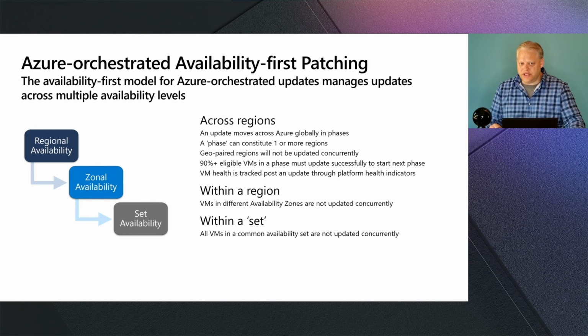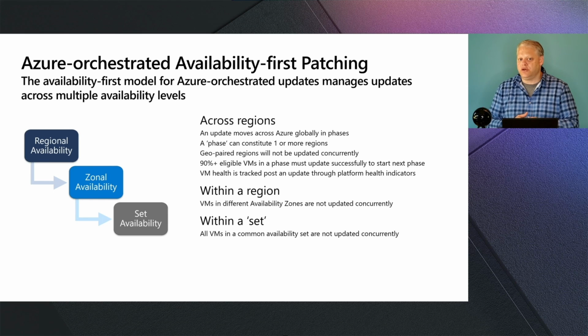Now, the way that we roll out updates, and this applies both to platform updates as well as VM updates, is through an availability-first patching model. As you can see here, let's take VM patching. Patch Tuesday comes out for Windows, and we start rolling that patch out to a first wave of regions. We do this to a subset of the regions, so we're not going to blast this to every virtual machine in all of Azure all at once.